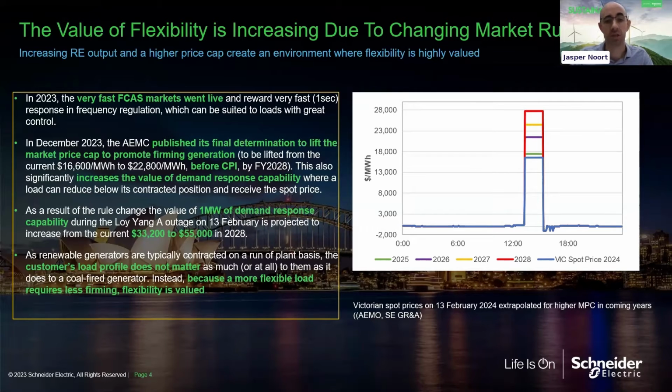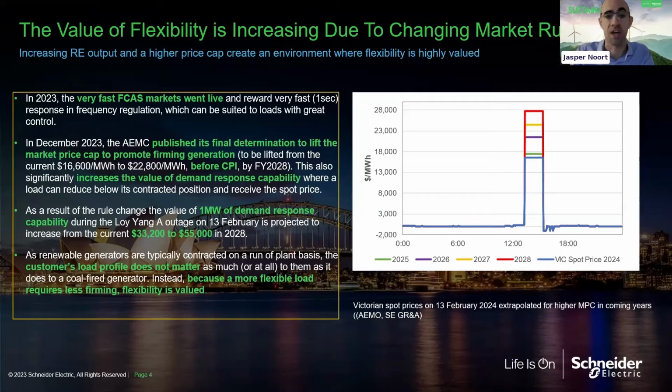So in the chart there, I've shown basically Victorian energy prices on 13 February this year, when the Loy Yang power station shut down after a transmission issue where towers fell over somewhere else in Victoria.